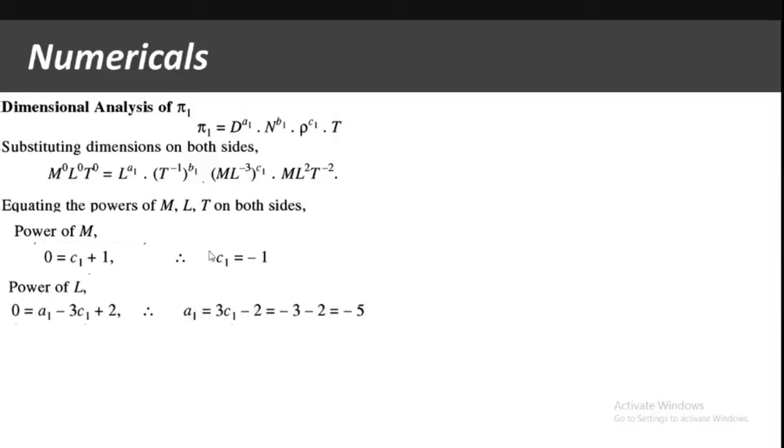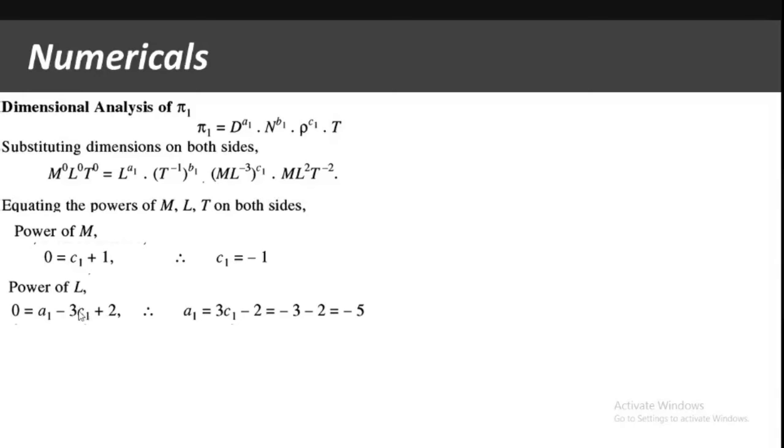Then equating the power of l. l to the power 0, so 0 on the left side, equals l to the power a1, so a1. Then here l is absent, so 0 b1. Then l to the power minus 3 whole to the power c1, so minus 3 c1. Then here l to the power 2, so plus 2. So 0 equals a1 minus 3 c1 plus 2.